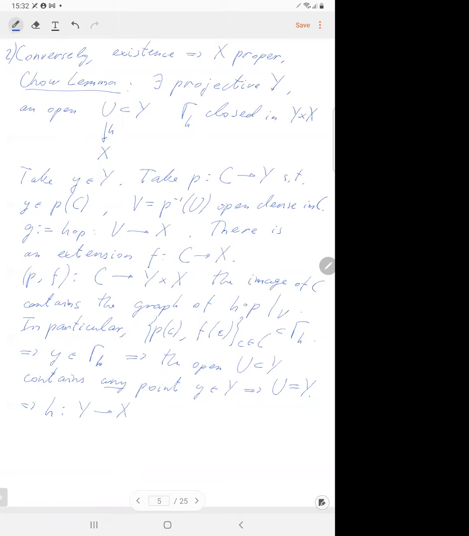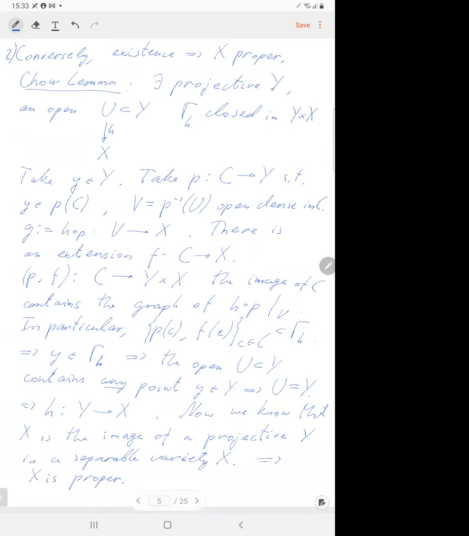That X is the image of a projective variety Y in a separable variety X. Okay, then it implies that X is proper.